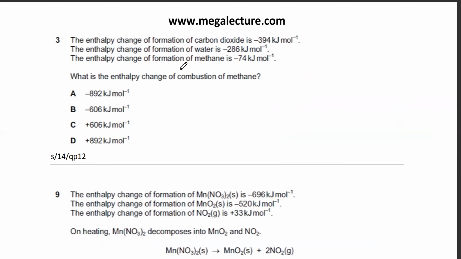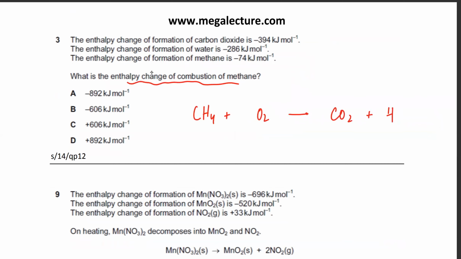For example, if you look at this question, he's asking for the enthalpy change of this reaction, the combustion of methane. Methane is CH4. You need to burn it. So it's going to produce CO2 plus 2 H2O, and 2 oxygen molecules are present as well.